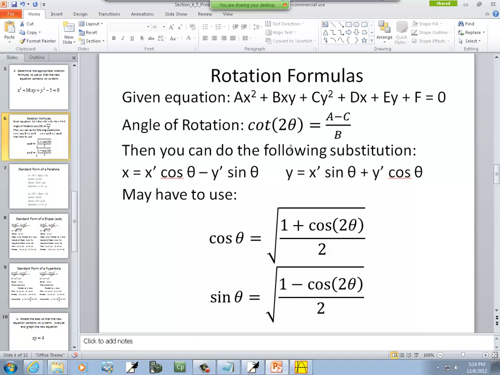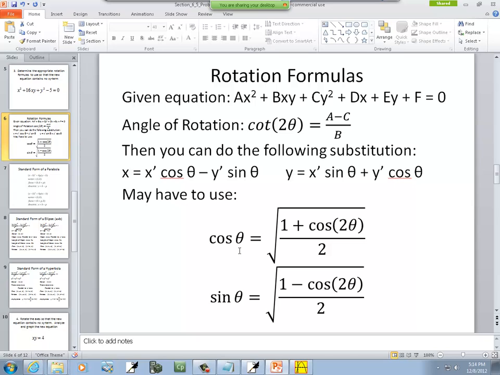Then using that, we can come up with the following substitution. x is equal to x prime cosine theta minus y prime sine theta, and y is equal to x prime sine theta plus y prime cosine theta.